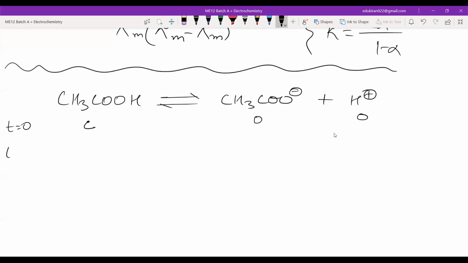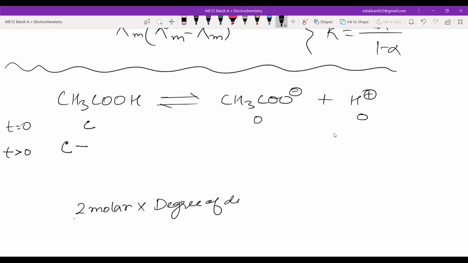And let's say after some time, t is greater than 0. After some time, what will happen? From this concentration C, a fraction of CH3COOH will be dissociated. A fraction, that means what? For example, if this concentration here is 2 molar, then 2 molar into the fraction. How will we calculate the fraction? We will calculate the fraction by multiplying this 2 by the degree of dissociation.